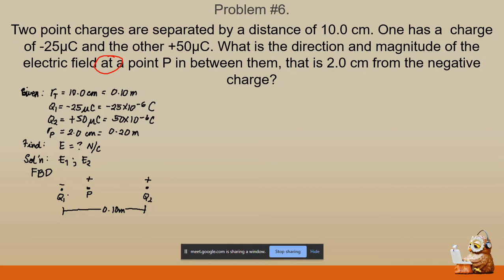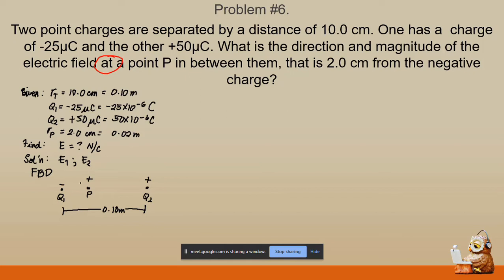Yes, it should be 0.02 meters, sir. Oh, okay, thank you, that's right. Sorry for that. Thank you so much for the correction, at least it was corrected right away. The 2.0 centimeters in meters is 0.02 meter.